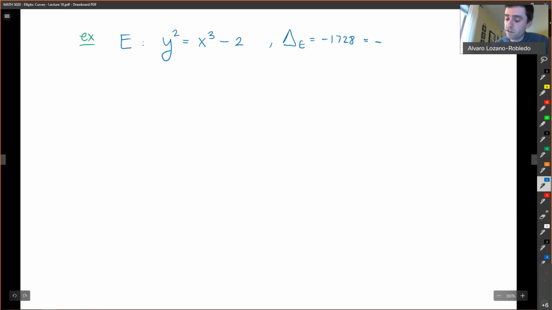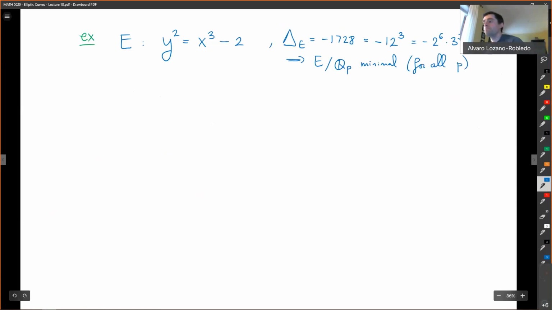This is minus 12 cubed, so it is minus 2 to the 6 times 3 cubed. Every valuation is less than 12, so the elliptic curve is actually minimal for all p. So I can pick any prime I want.